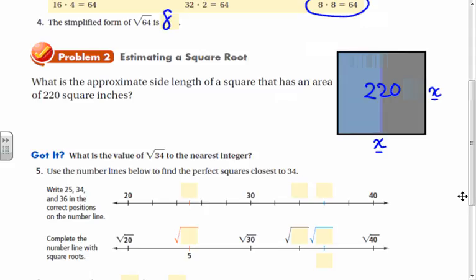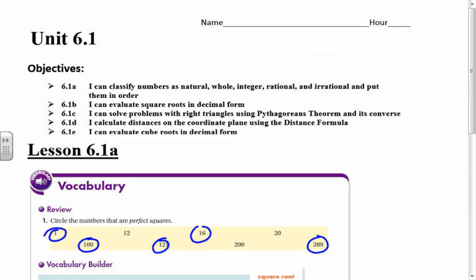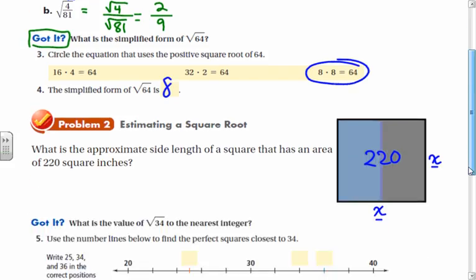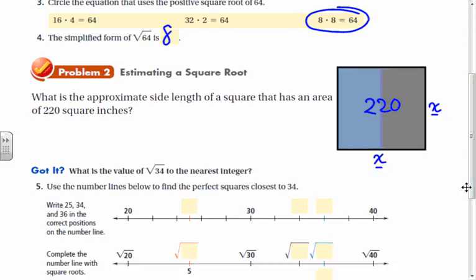And if you go back and look at your chart on the first page, you will see that right here, 14 squared is 196 and 15 squared is 225. So keep those in mind. We want to get as close as we can to it.